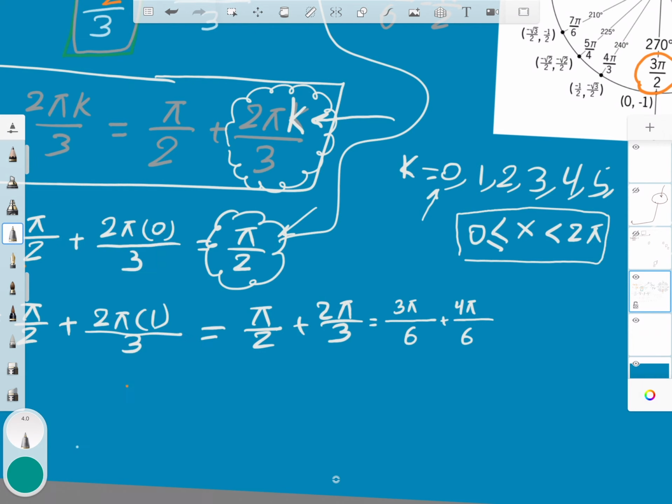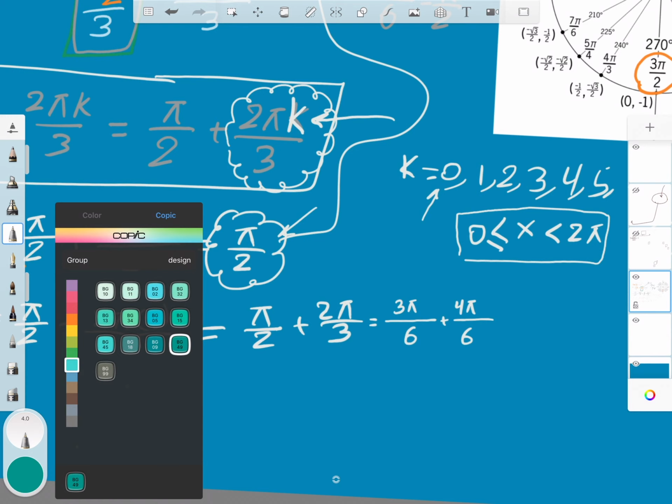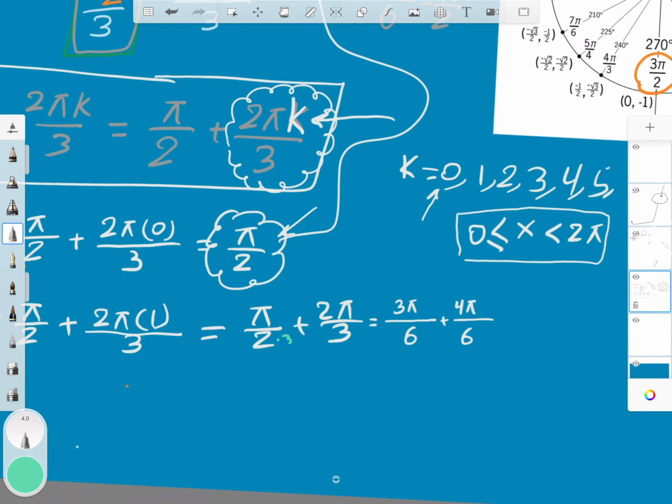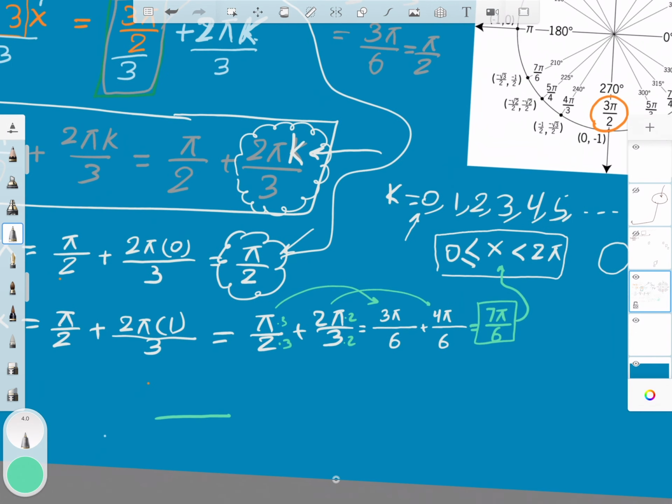So this is multiplied by 3, that's multiplied by 2. That's what we get. When you add them, you get 7 pi over 6. 7 pi over 6 still is between 0 and 2 pi. So far we got 2 solutions.